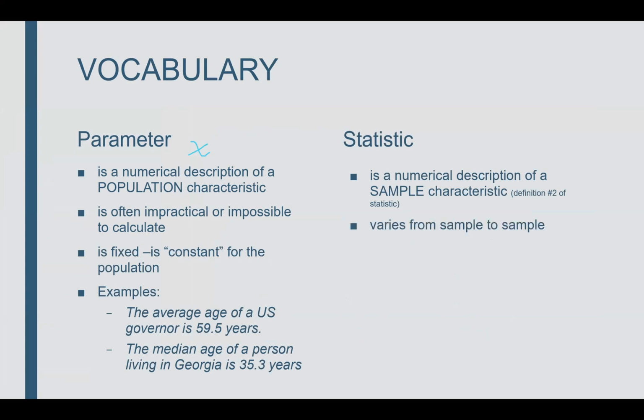Now, the challenge with a statistic is it's going to vary from sample to sample or group to group. If I were to take the 15 of you that are present and figure your average age, and then I go out to my class that meets later on in the summer, and I figure the average age for that group, I'm probably going to get 2 different answers because I'm looking at 2 different groups.